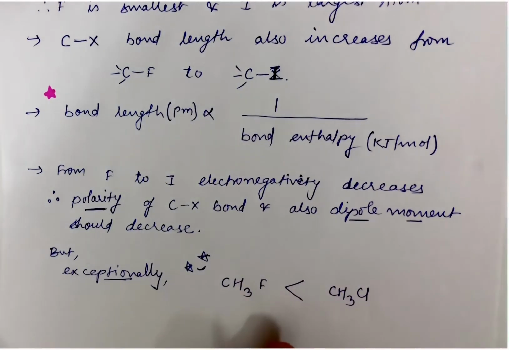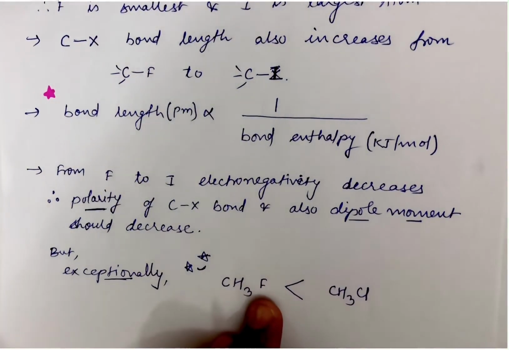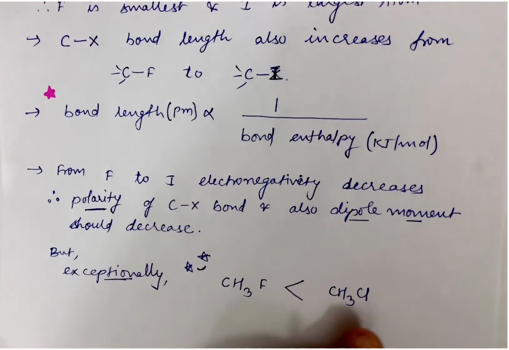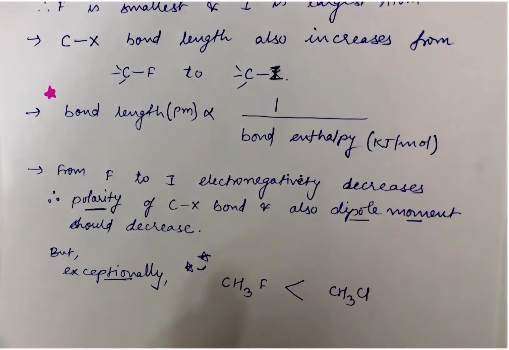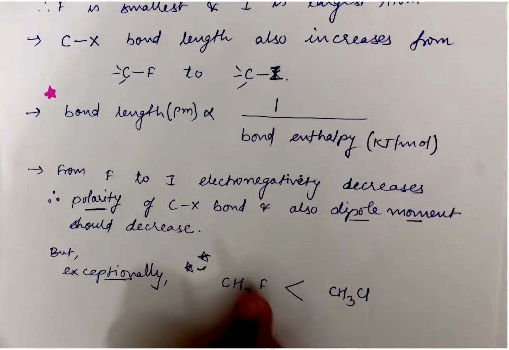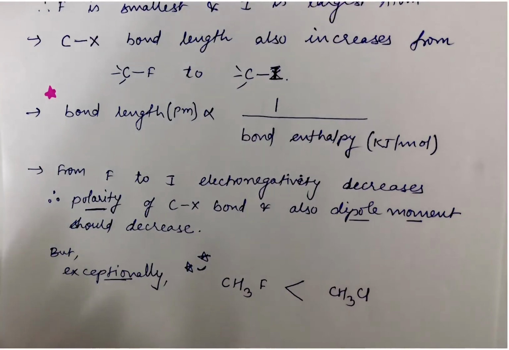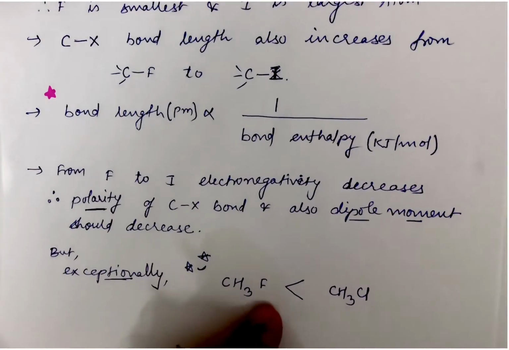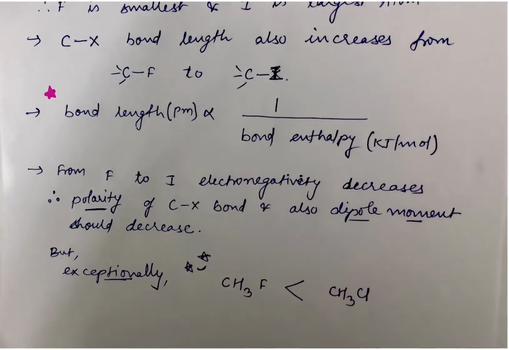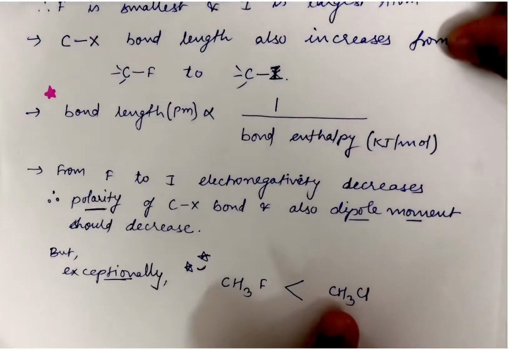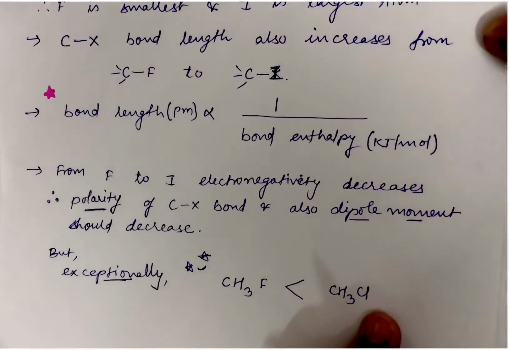So the first point you need to keep in mind is that the negative charge of the F atom is much higher than that of the Cl atom, but due to the small size of fluorine as compared to chlorine, the charge and the distance, that is the dipole moment of this particular CH3F, turns out to be slightly lower than that of CH3Cl. So I hope you have understood this particular point.